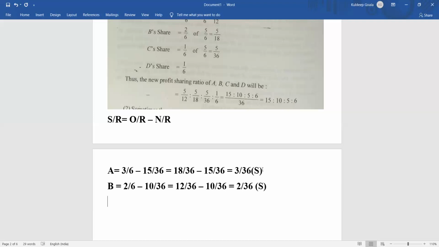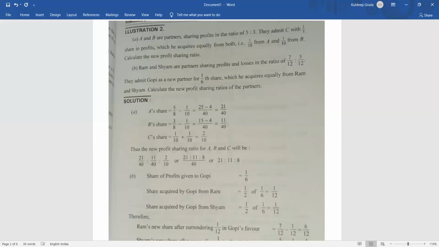Clear? Then coming to C. When it comes to C, the old ratio was 1 by 6 minus the new ratio, which for C is 5 by 36. Clear? So automatically you can see that it will be 6 by 36 minus 5 by 36.